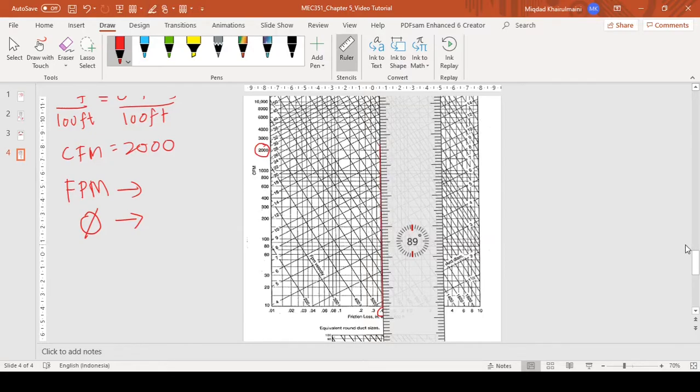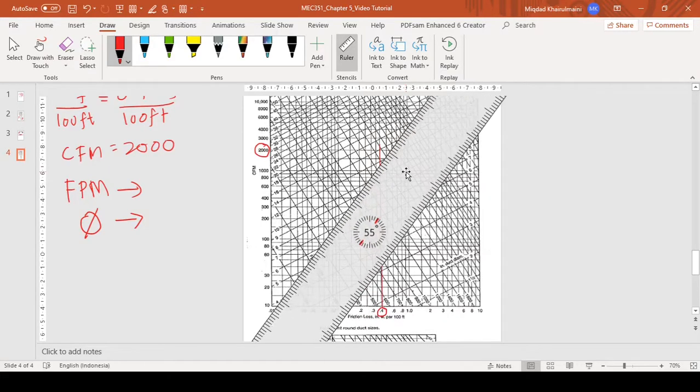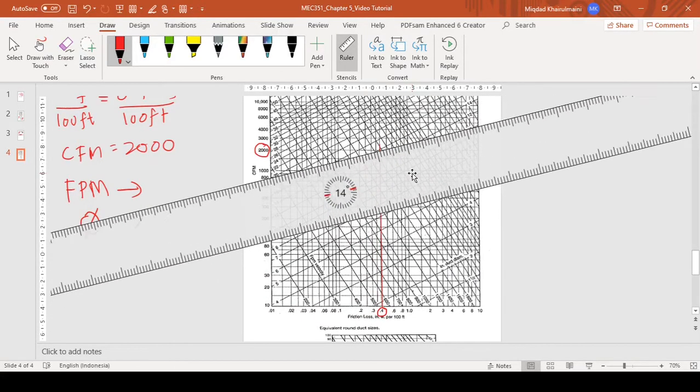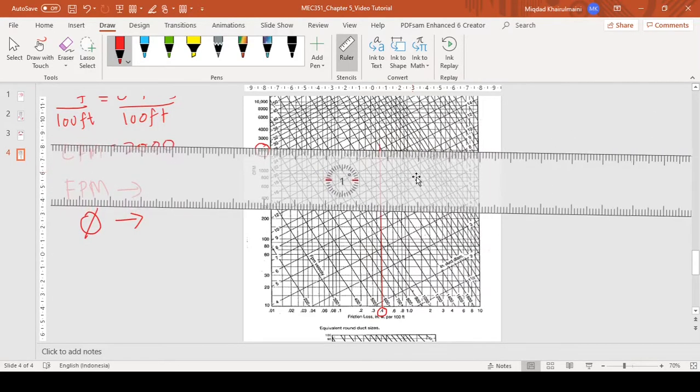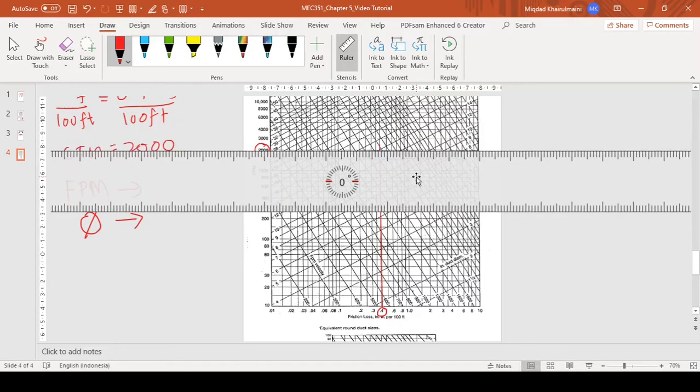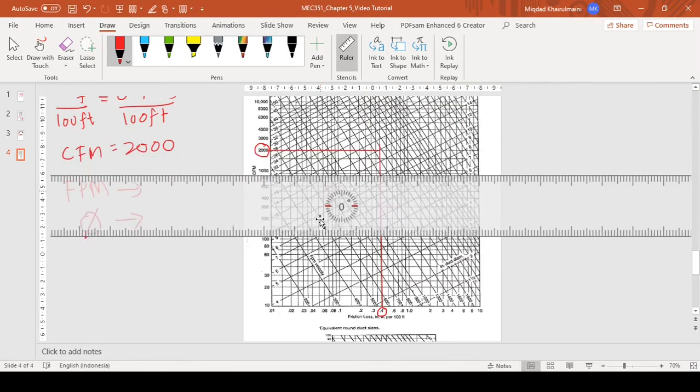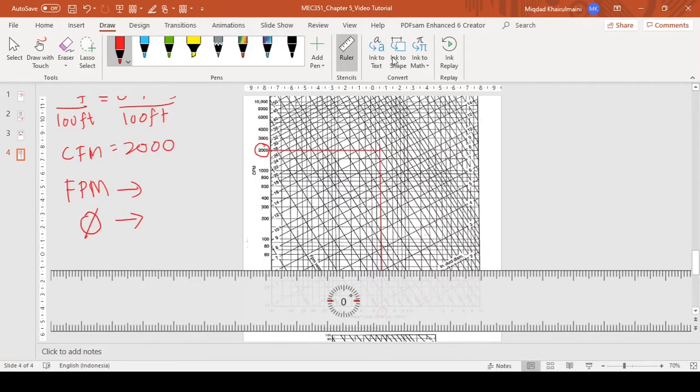And then we can also draw the line for the CFM 2000 here. And then we can plot. We know that the point of intersection is here.